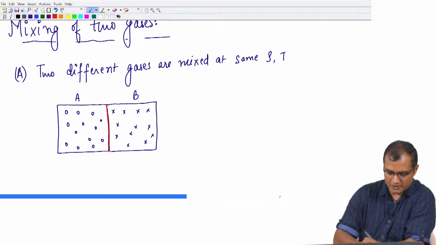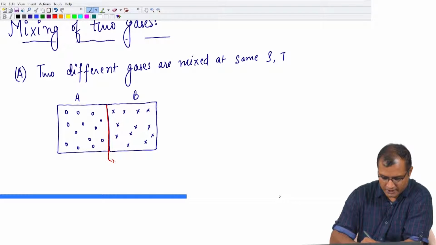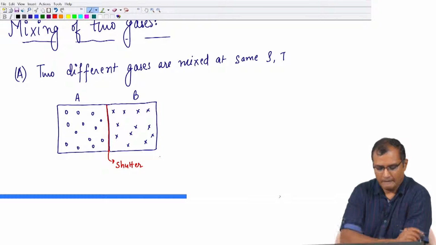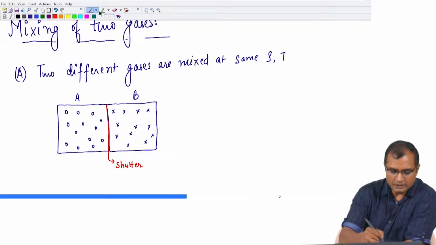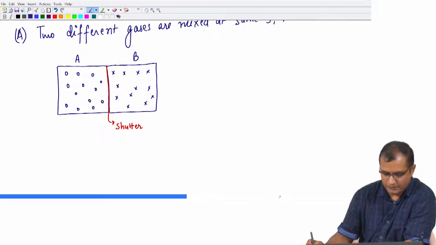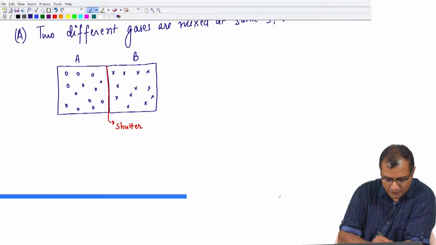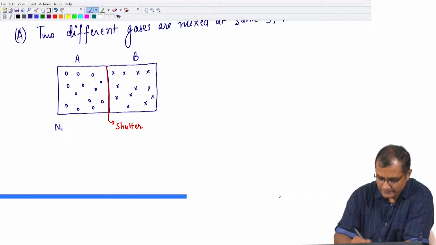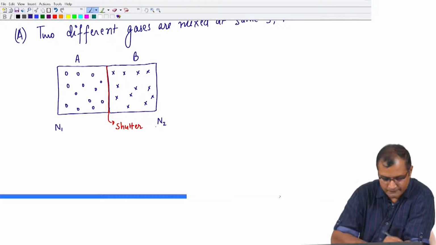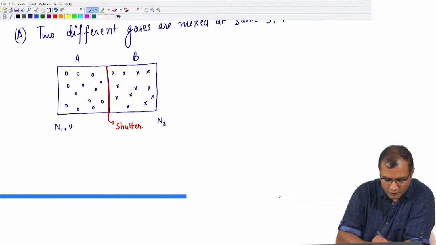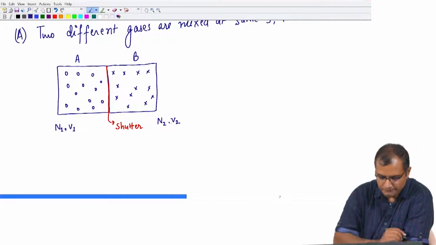Okay, so this is a shutter that can be open or closed, and for the case of simplicity, I have started with n1 particles on this side, n2 particles, and I have taken volume V1 and volume V2.